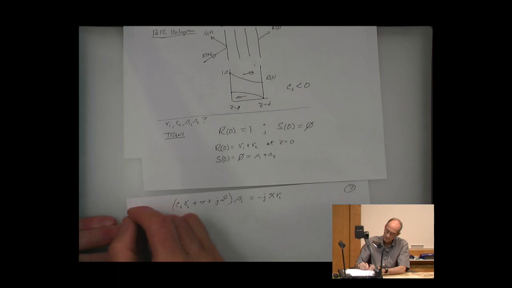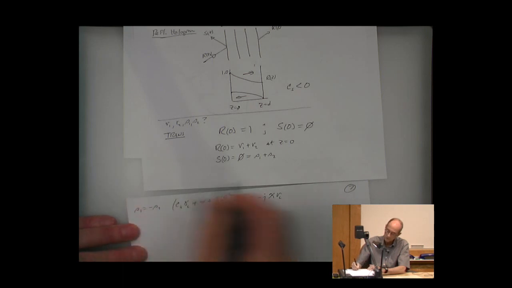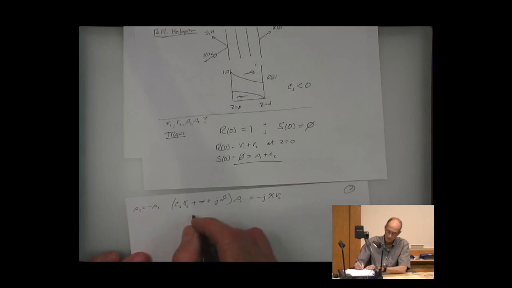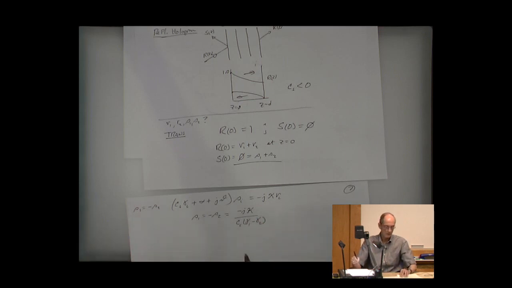And we have that, again, S1 is equal to minus S2 from this being equal to 0. All right. So with that, we end up with S1 is equal to minus S2 is equal to minus j kappa over C sub s times gamma 1 minus gamma 2. All right.